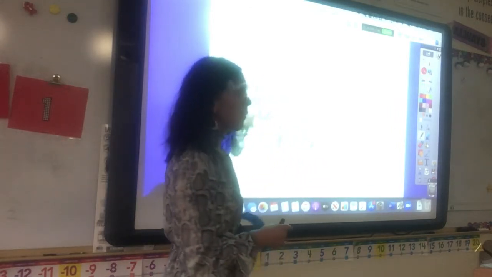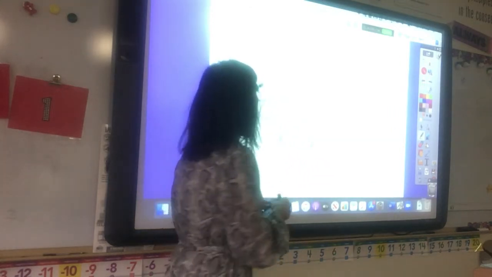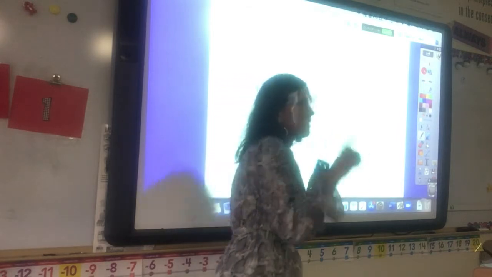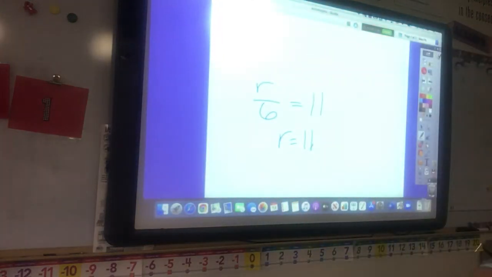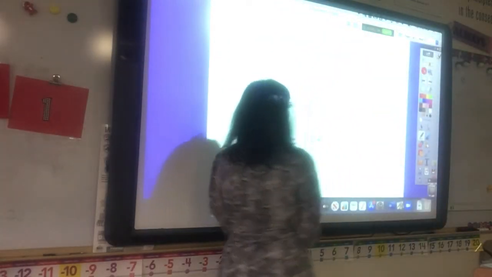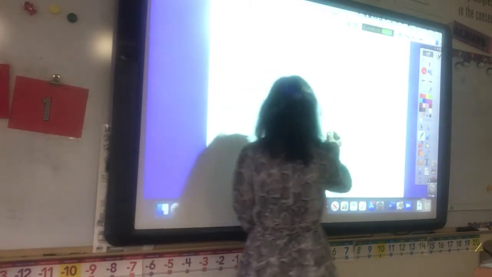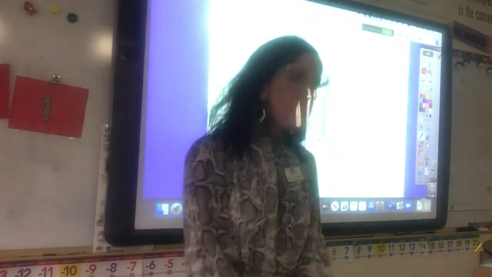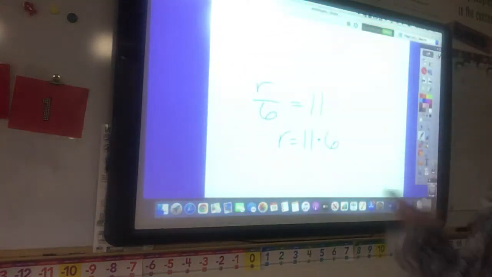This is division. Remember, this is r divided by 6. Remember I told you that the sign for multiplication is going to start to go away because you have x's in problems. So we're going to put a little dot, and that's multiply. So r equals 11 times 6 is our middle step.